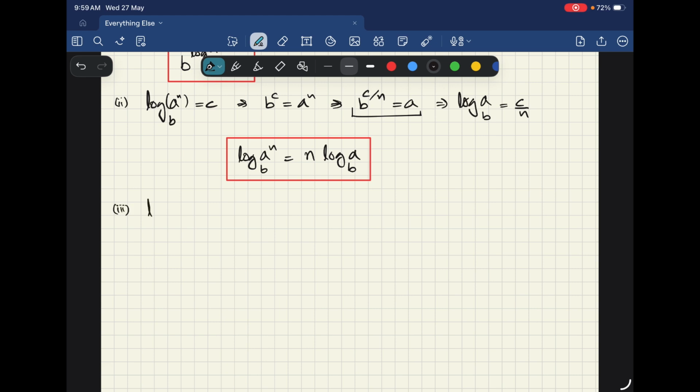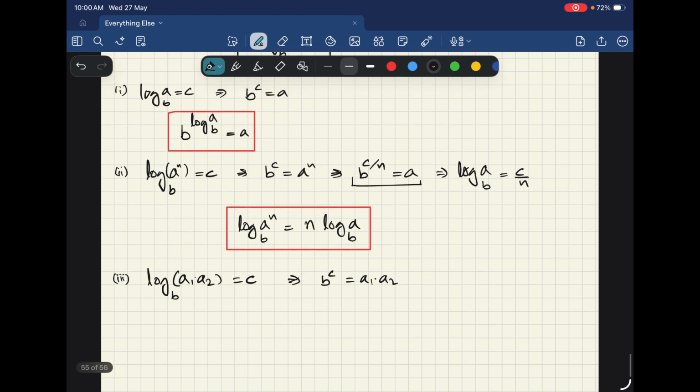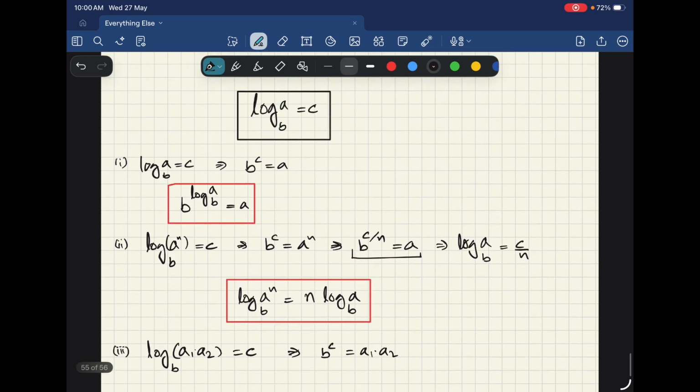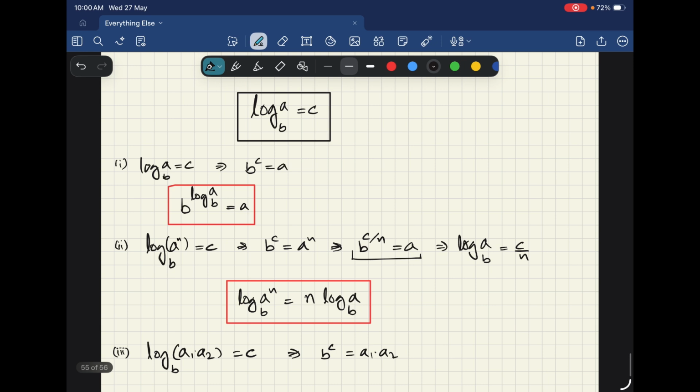Now let's say we have log of a number which is multiplication of a1 times a2 with base b, and let's say that's equal to c. That means b raised to the power c is a1 times a2, and let's use the property here. b raised to the power log a with base b is a.